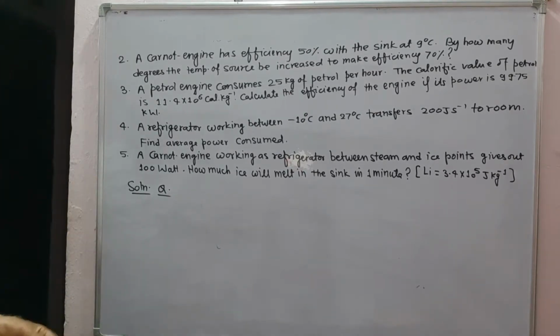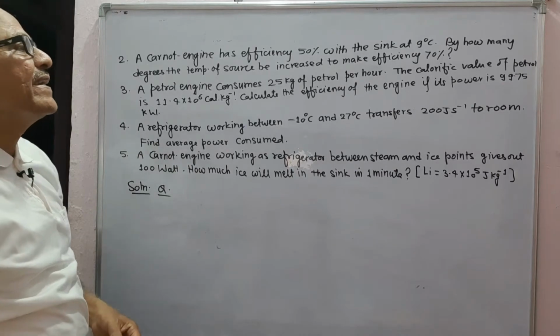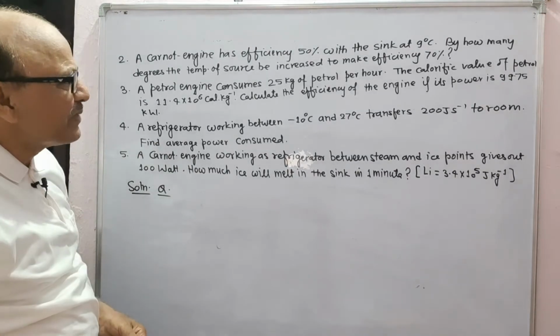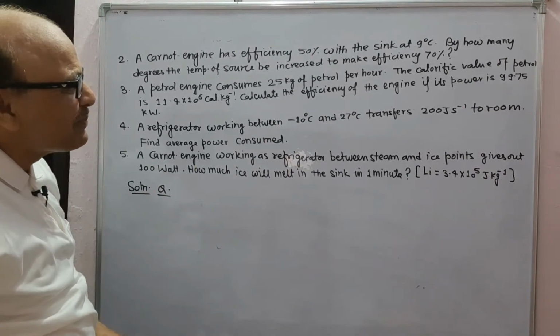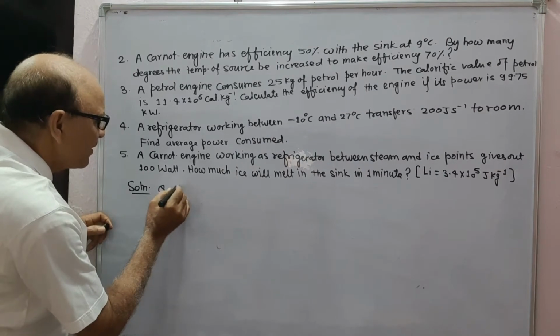A Carnot engine has efficiency 50% with the sink at 9 degree Celsius. By how many degrees the temperature of source be increased to make the efficiency 70%? Question 2, solution.